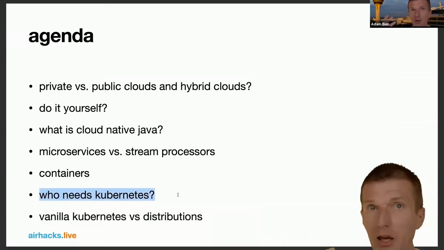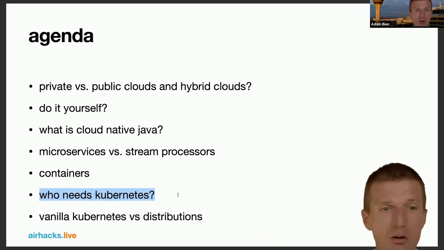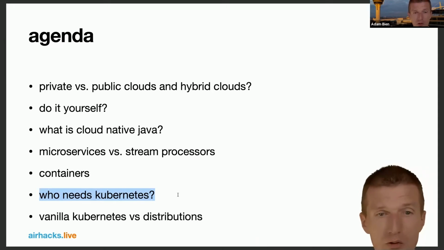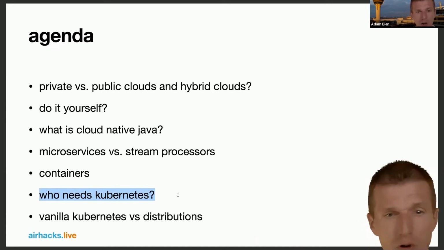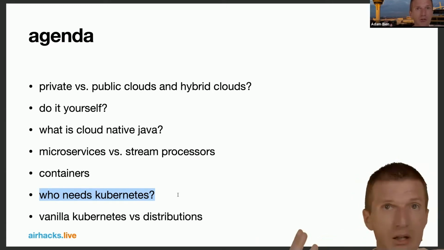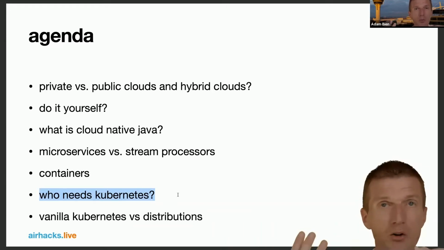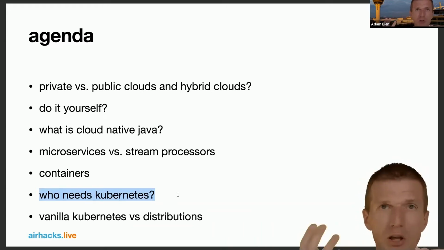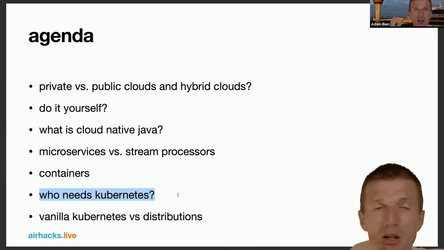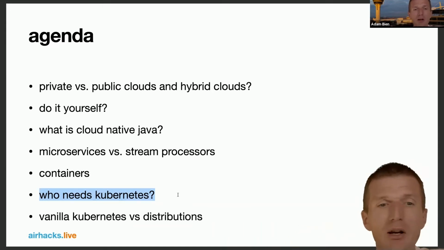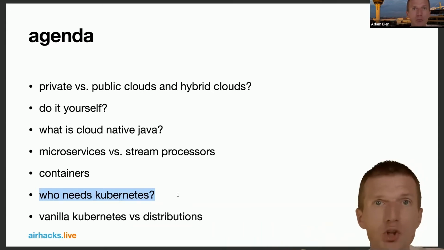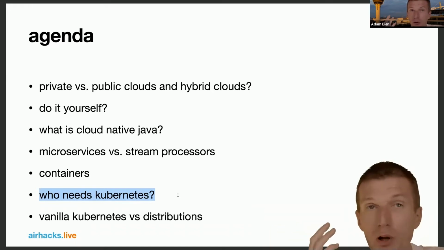Again, killer use cases: if you're building your own cloud, Kubernetes is the killer feature. So vanilla Kubernetes or a distribution? What is a Kubernetes distribution? For instance, OpenShift. If you install vanilla Kubernetes, you will need a container registry and an ingress controller or load balancer, and distributions like OpenShift bring everything for you. For instance, what I really like is OpenShift.